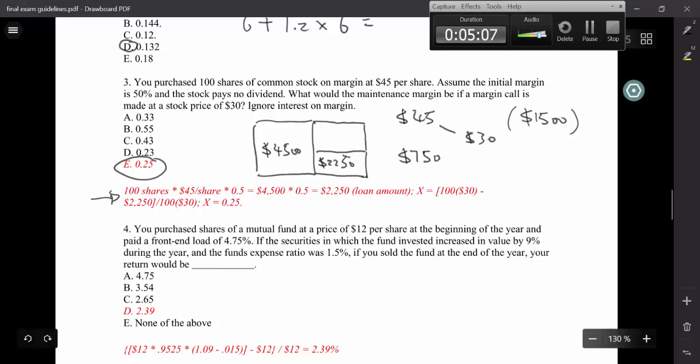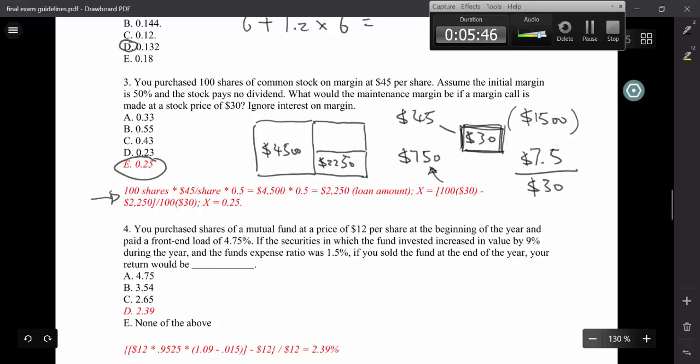Now the price is at 30, and it's going to wipe out your remaining money. Again, I don't want to say equity, but that's what people would say. So if the stock price was to drop from this point an extra $7.50, then you are completely done. All your money is gone. So $7.50 is the maximum pain that you can tolerate at this stage when the stock price is 30.